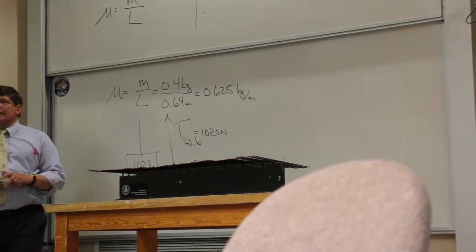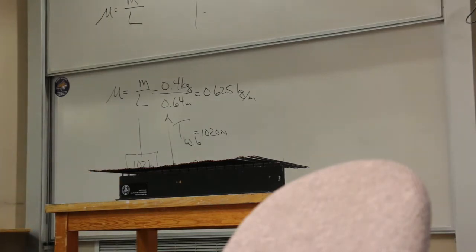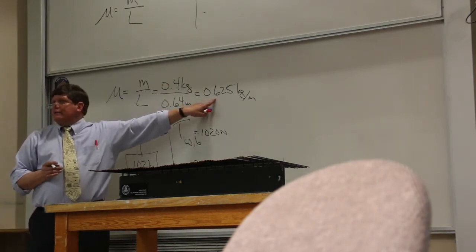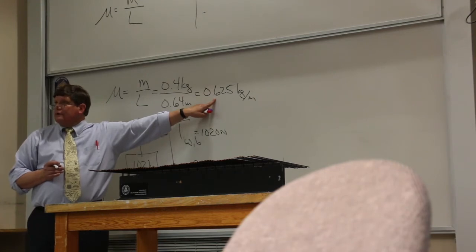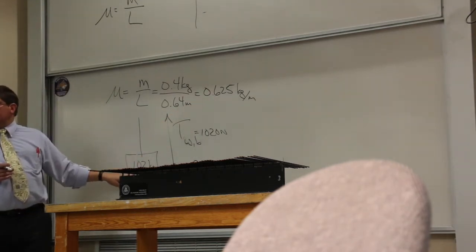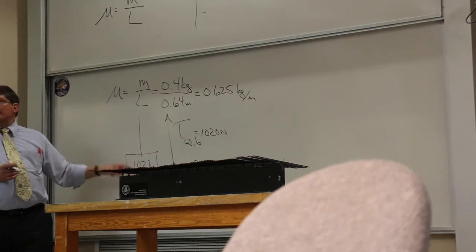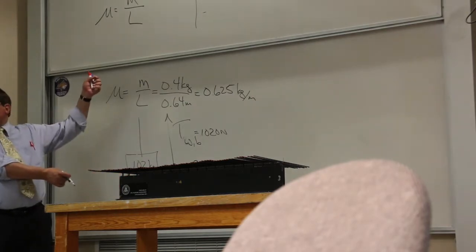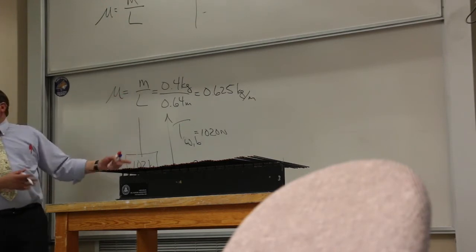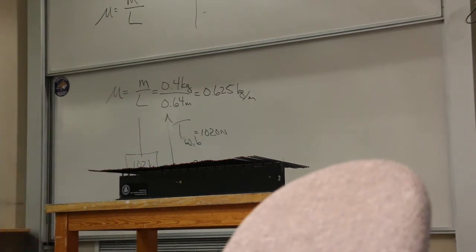And that's typically the way we think of these problems, that the mass of the wire itself is important when we're calculating the mass density of the wire, but it's not important when we're finding the tension in the wire. Okay, we assume that the mass of the wire is negligible compared to the block, and so we assume that the tension is pretty much the same all the way throughout.